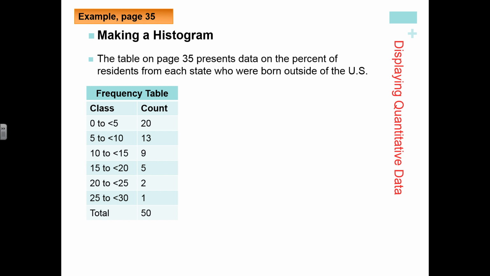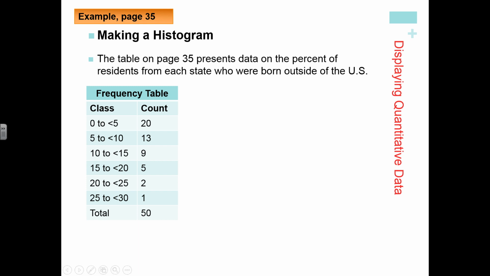So from 0 to 5%, there were 20 states. So the count is 20 states that had 0 to 5% of the people born outside of the United States. Or there were 13 actual states who had 5 to 10% of the people born outside of the United States. We total out here at 50, which makes sense because there's 50 states.